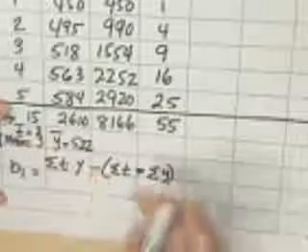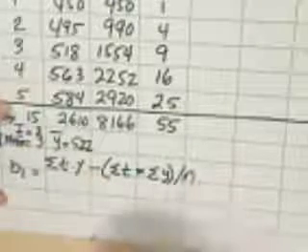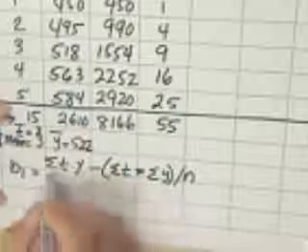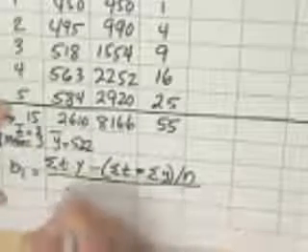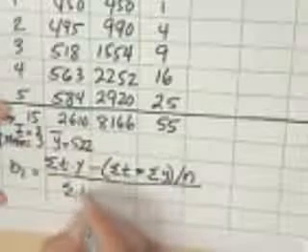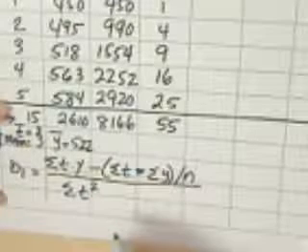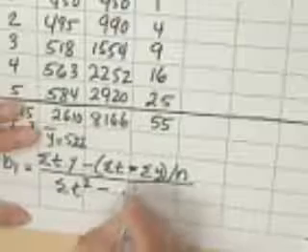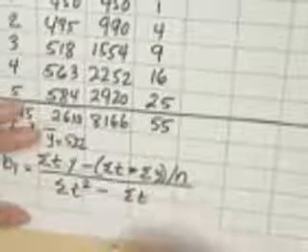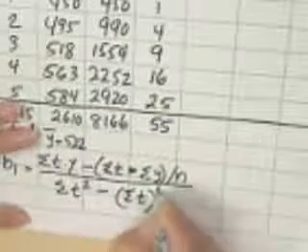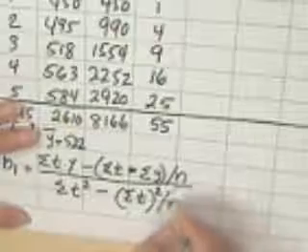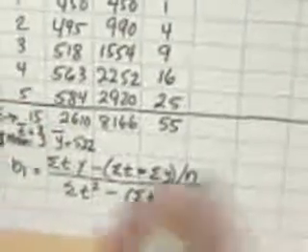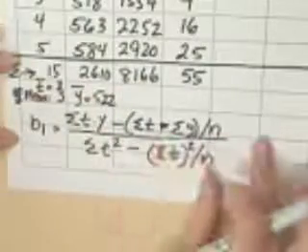That term divided by n, that whole numerator divided by summation of the t squared column minus the summation of the t column squared divided by n. Using the information that we have generated here, we can fill in the blanks.